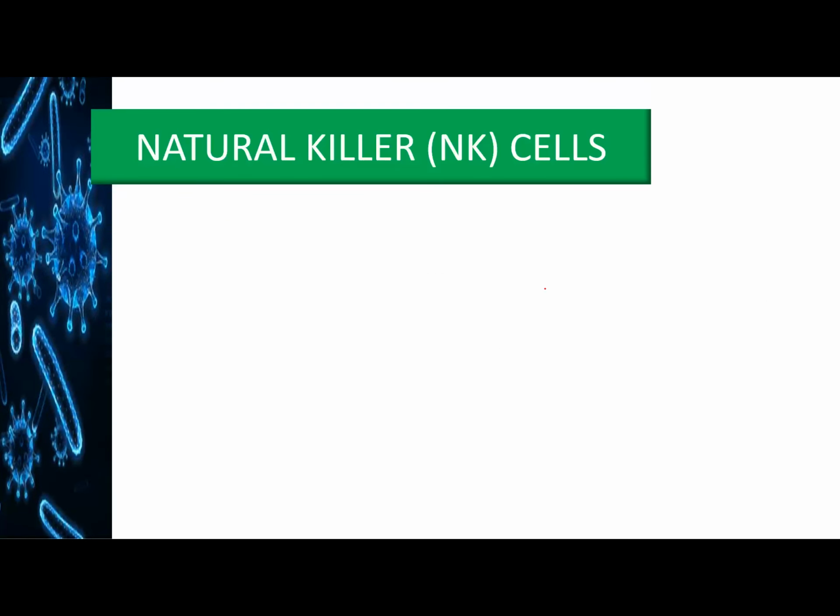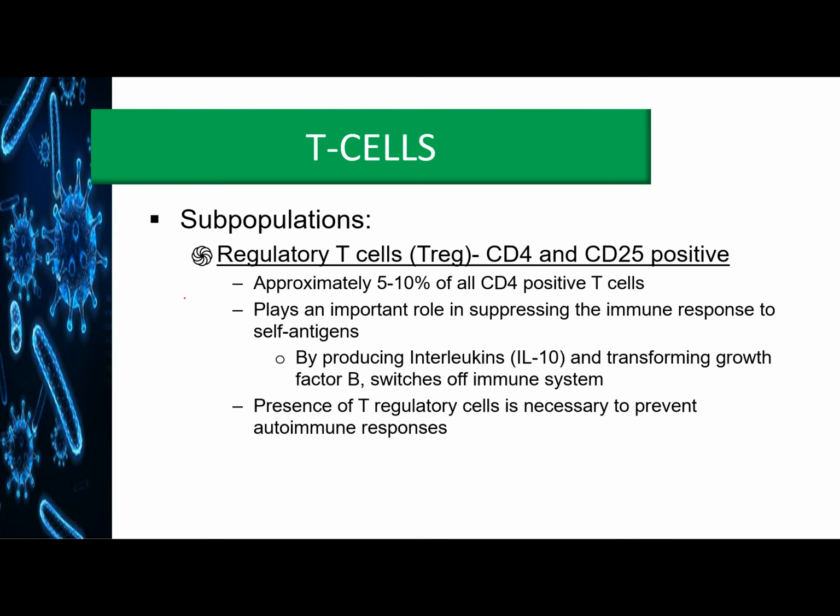Then another subpopulation class is yung TREG, also known as your regulatory T cell. This has both CD4 and CD25 positive. This is approximately 5 to 10% of all CD4 positive T cell. Plays an important role in suppressing the immune response to self antigens.